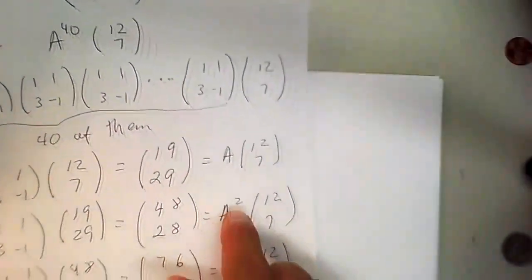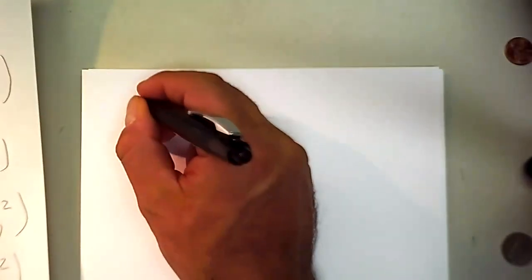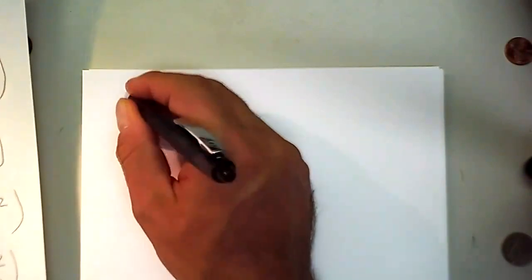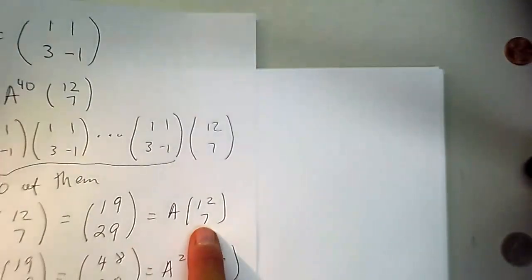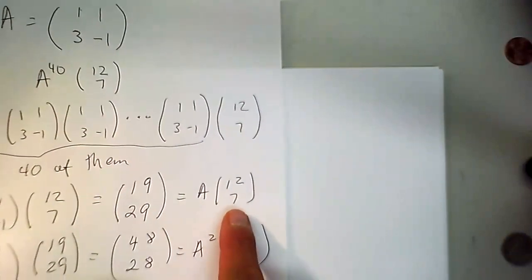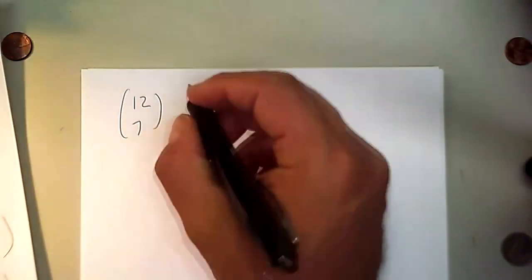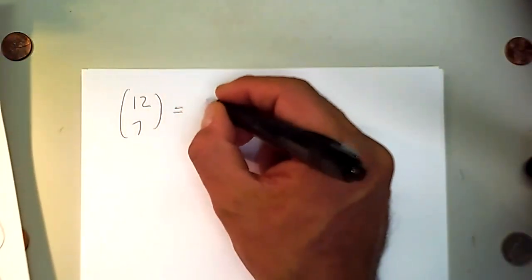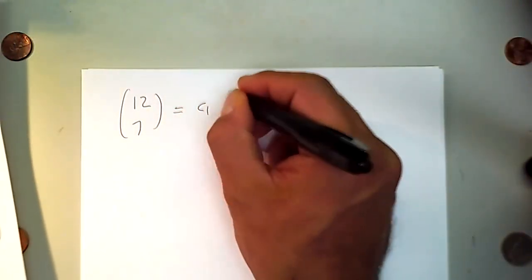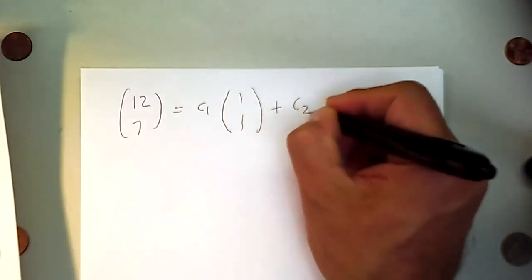So this is what we're going to do. We're going to take the 12, 7, which is the starting point, and try to find a linear combination of 12, 7 using the eigenvectors. So this is equal to C1 times 1, 1 plus C2 times the other eigenvector.